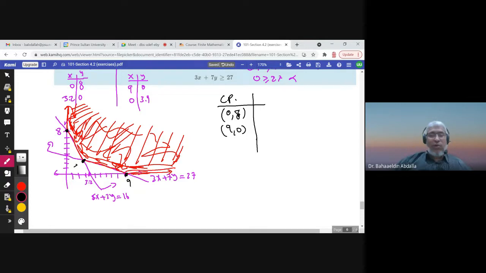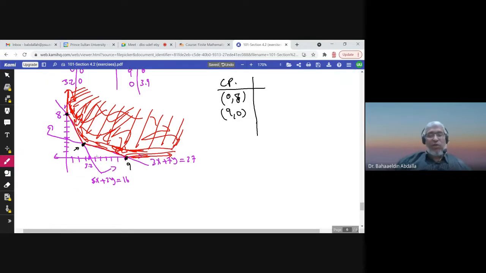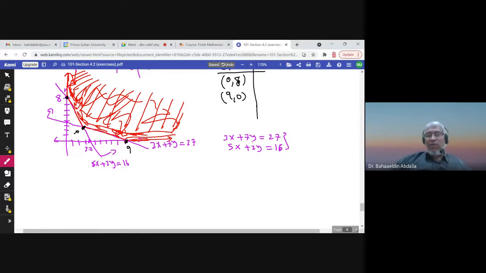And now we need to find the coordinates of this point. To find the coordinates of this point, we find the intersection point between the 2 lines. So I have 3x plus 7y equals 27 as this line, and the other line is 5x plus 2y equals 16. Well, to solve these 2 equations together, I will multiply the first equation by negative 5, okay, and the second equation by 3.